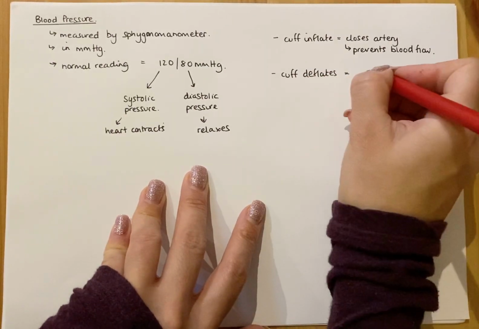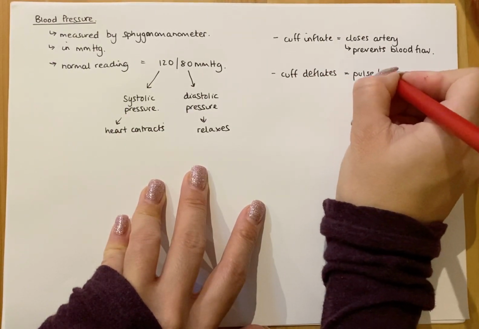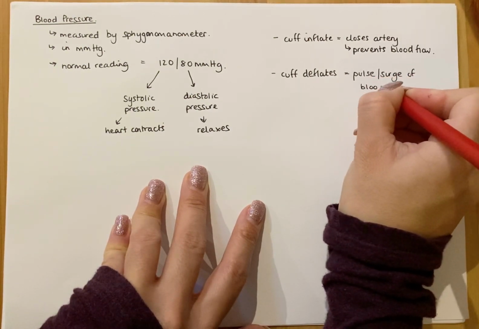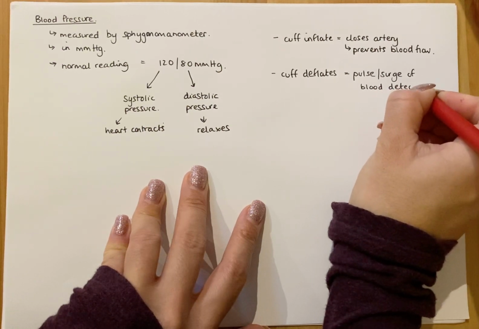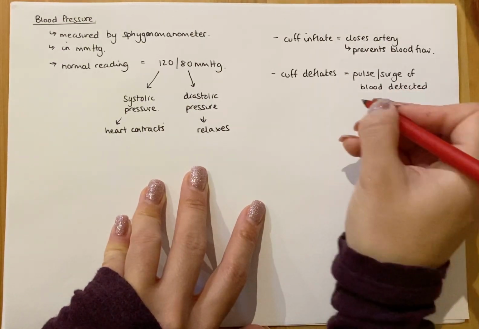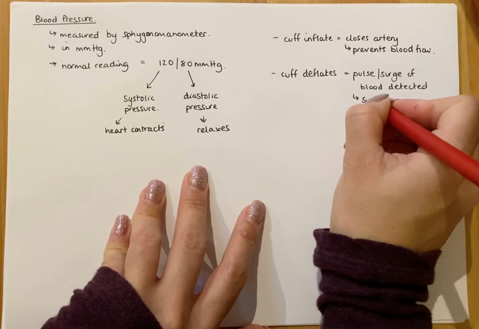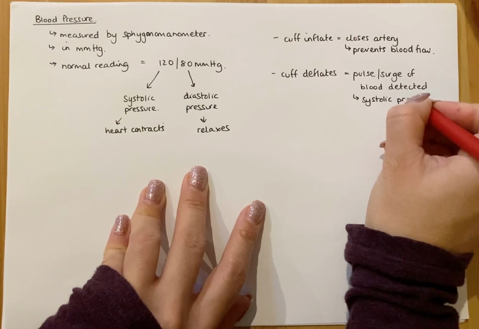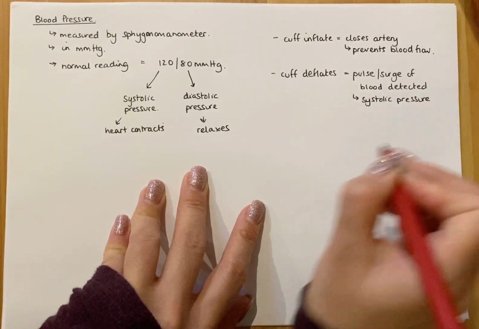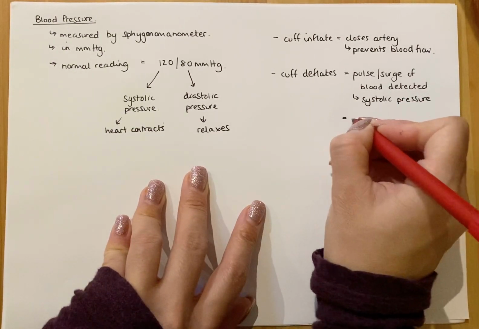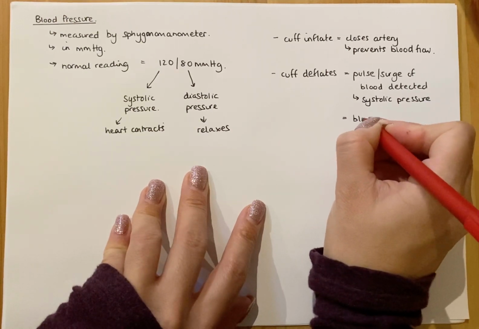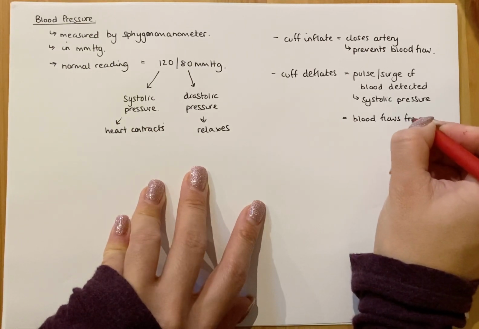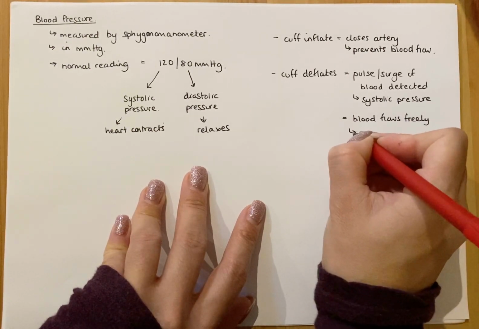That allows a pulse or a surge of blood to be felt, and that's detected by the cuff. What is measured then is your systolic pressure, when the heart is squeezing blood out into those arteries. And then when the blood is flowing freely without being forced out, that would be your relaxation pressure, your diastolic pressure.